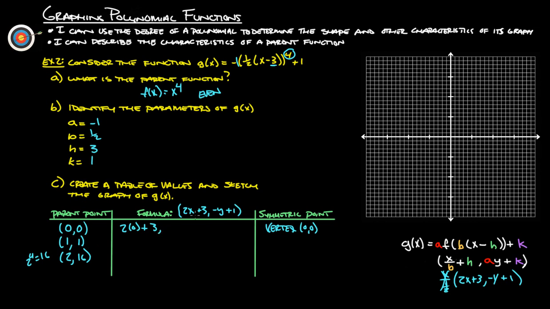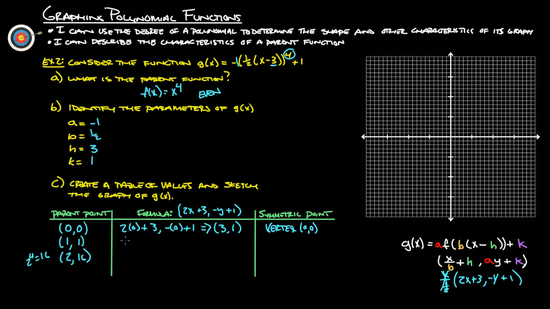Okay, and then we're going to do negative y, which is 0, plus 1. So that there is going to give us 2 times 0 is 0, plus 3 is 3. And negative 0 is 0, plus 1 is 1. So there's our first point, okay? And then we'll fill out the symmetric point here in a second because it'll make more sense once we have some of these all figured out.